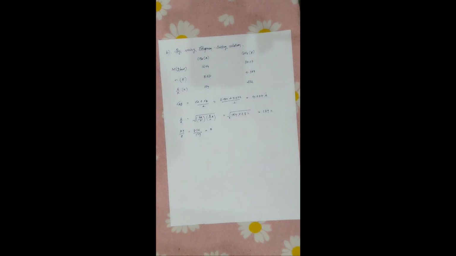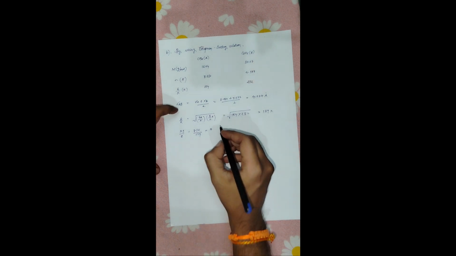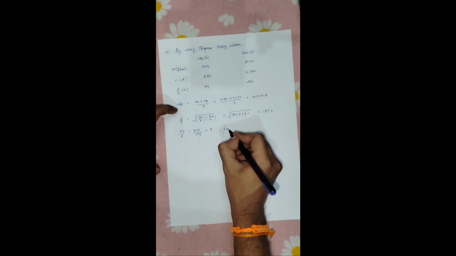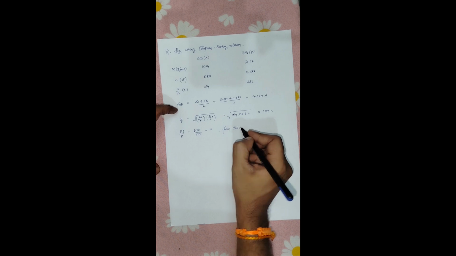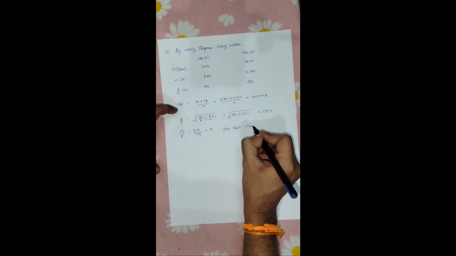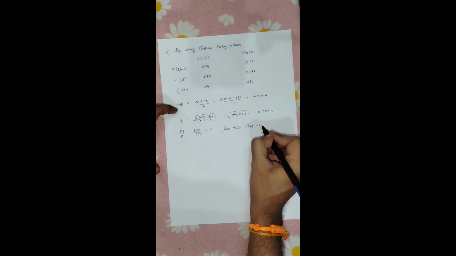I hope you are able to see. So now we'll write it. From the table, the collision integral for AB, which is our system, is 0.8845.